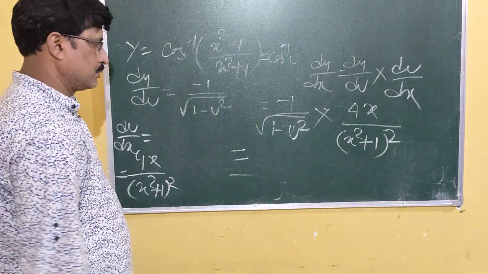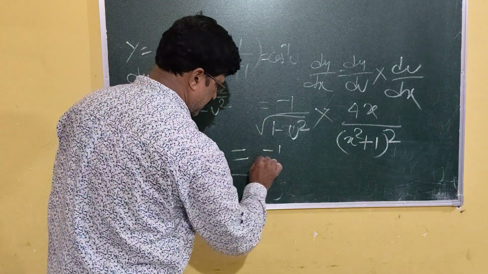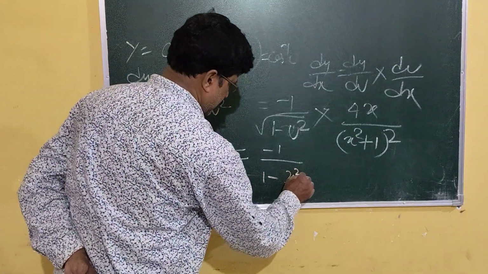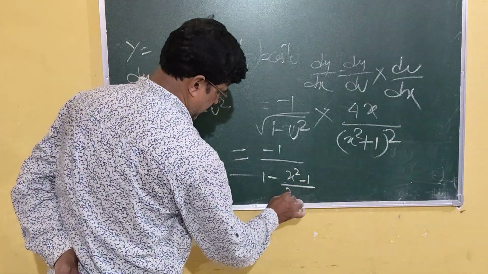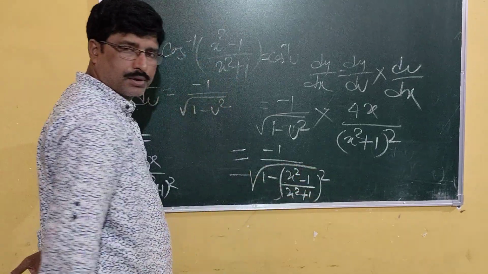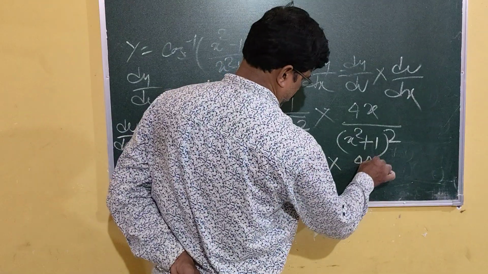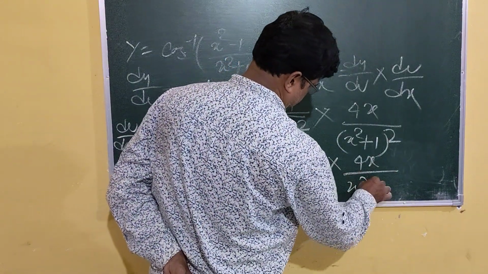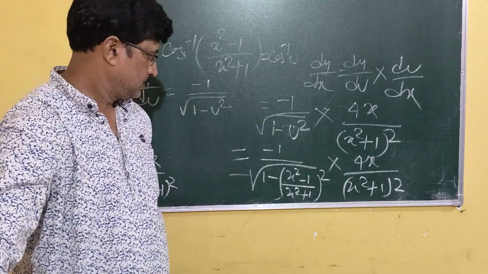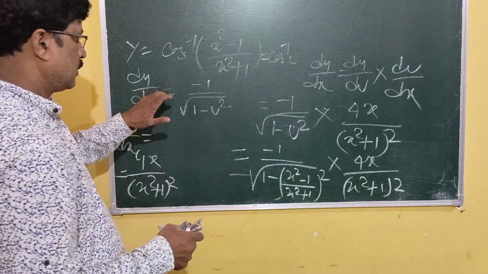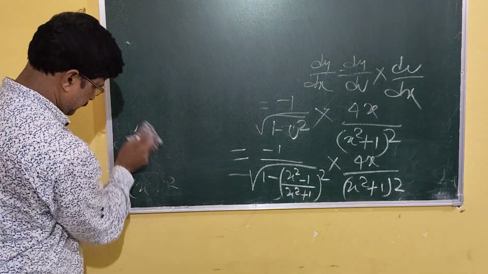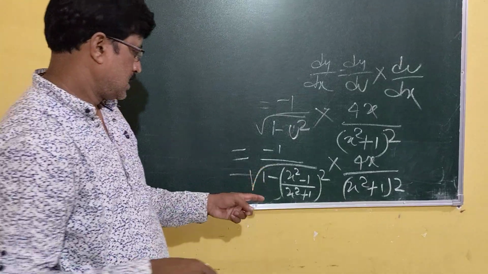This is equal to minus 1 by root over 1 minus u, where u is equal to x square minus 1 by x square plus 1 whole square, into 4x by x square plus 1 whole square. You can omit this one because it needs some more work.